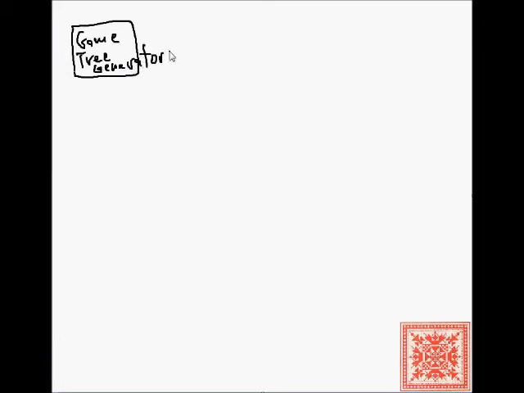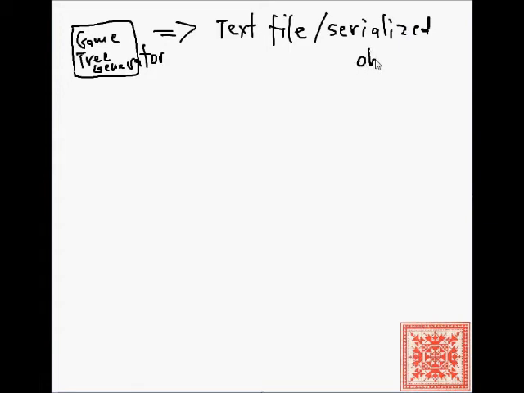It's a Java 6 application, and essentially it generates a text file where every state is encoded in terms of the state of the board, the player whose turn it is to make a move, and then a utility number for each move. It can also be a serialized object, it doesn't have to be a text file.